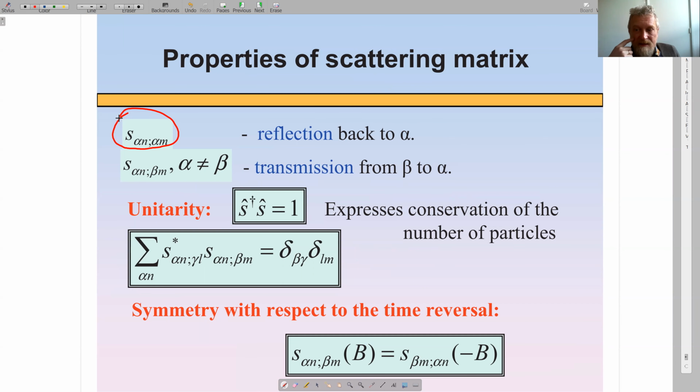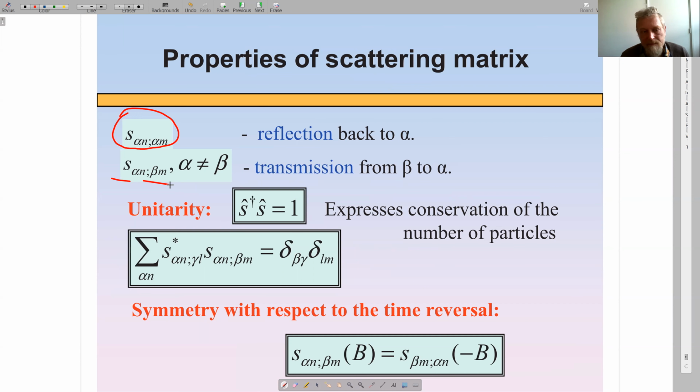Apparently that doesn't contribute to the current. And there is also transmission when these initial and final terminal indices are not the same.